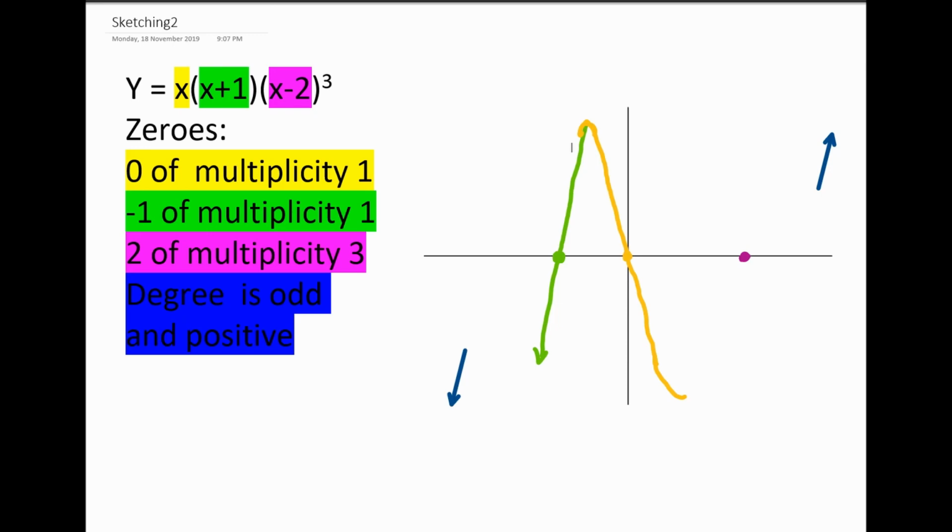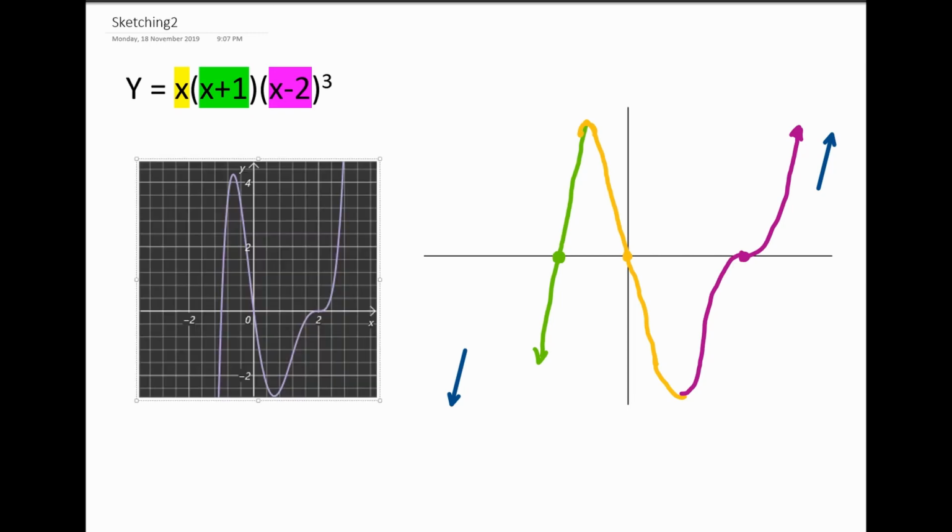This one is the graph that is changing its concavity, so it's something like this. If we look at the real graph of x times x plus 1 times x minus 2 to the third power, it will show something like this one.